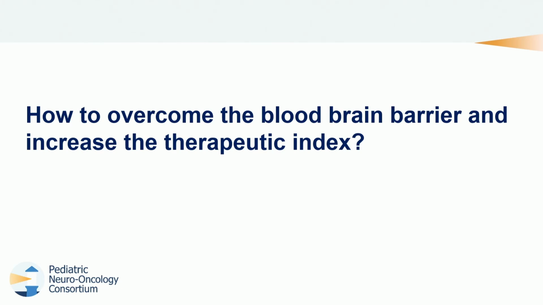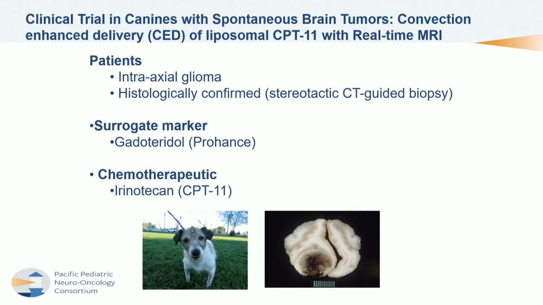One of the areas that has been heavily invested in by several investigators in the US, but also in Europe, is the use of convection-enhanced delivery. We have worked with Chris Bankiewicz at UCSF, who really, and I'm summarizing here 10 to 15 years of work, used canine patients. These are dogs, they are not models, so these dogs develop gliomas which appear very similar to the adult tumors, and he worked with the veterinary school to define even just the catheter placement.